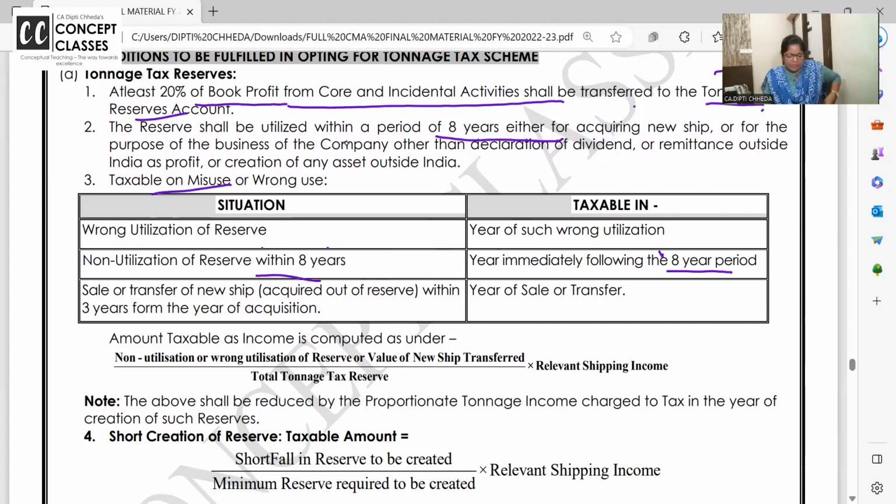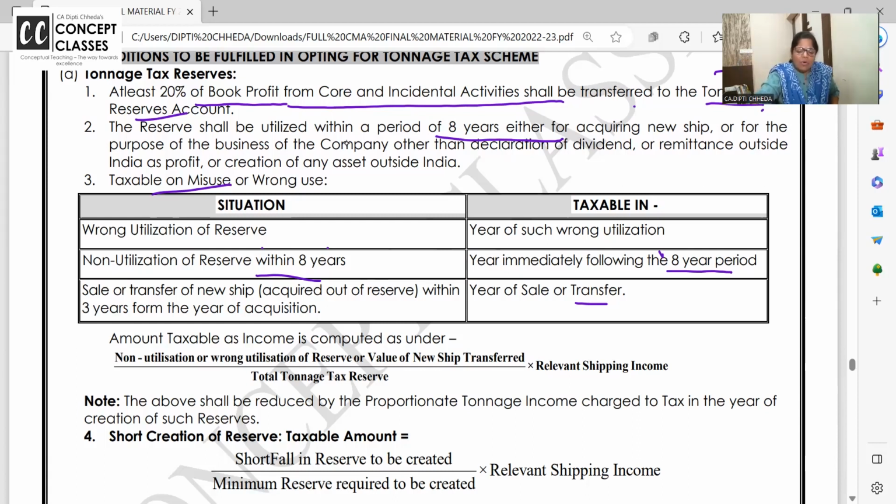After 8 years, it will become taxable. Sale or transfer of new ship within 3 years from the year of acquisition. मतलब नया शिप खरीदे तो 3 साल तक नहीं बेचना, आपने बेच दिए तो whenever you have sold it will become taxable.